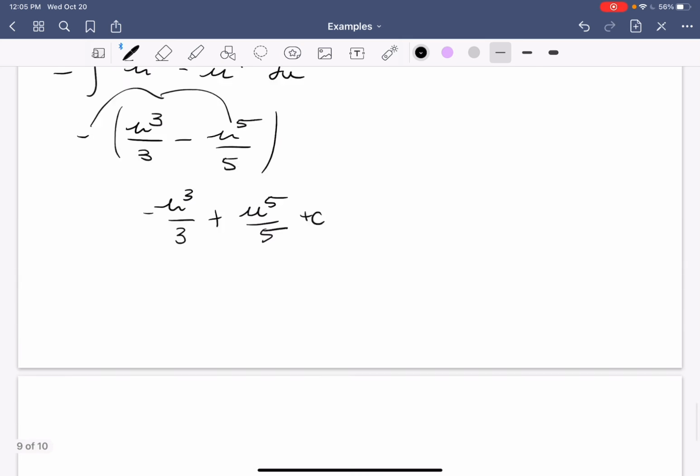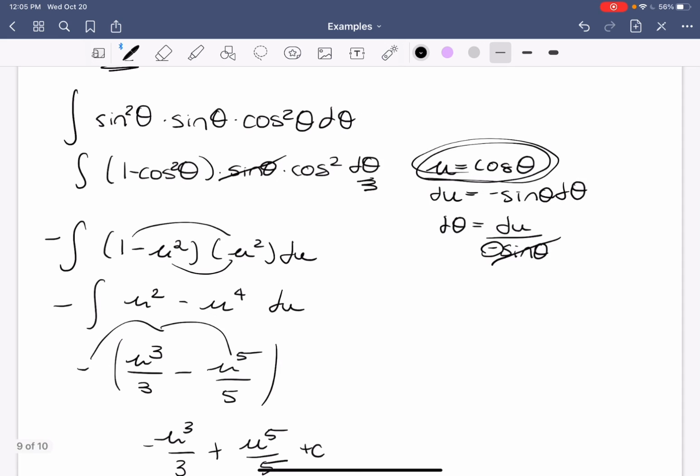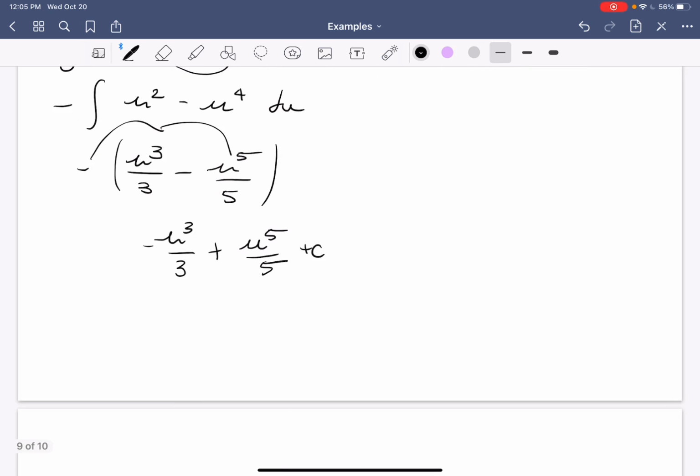And if we undo the substitution, remember we used u as cosine, we're going to get negative cosine cubed theta over 3 plus cosine fifth theta over 5 plus c.